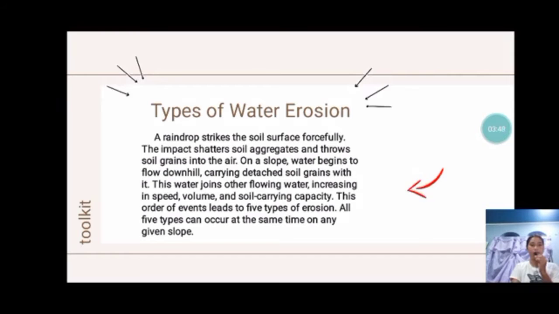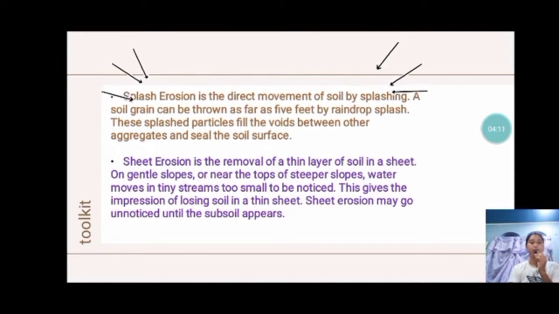This water joins other flowing water, increasing in speed, volume, and soil carrying capacity. This order of events leads into five types of erosion. All five types of erosion occur at the same time on any given slope. So these are the five types of erosion.